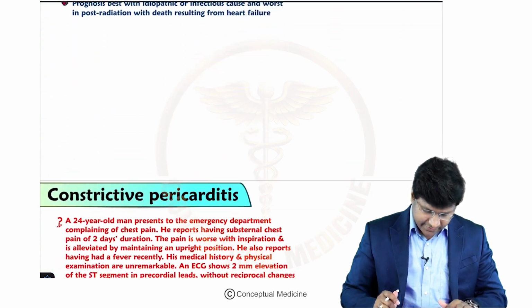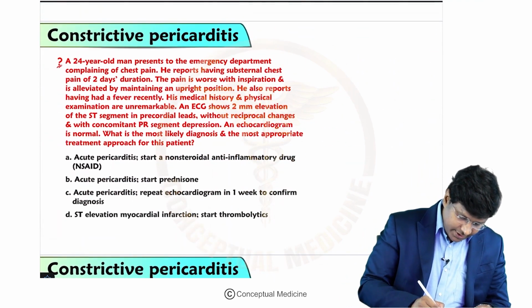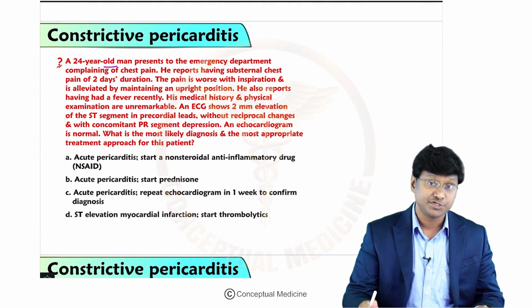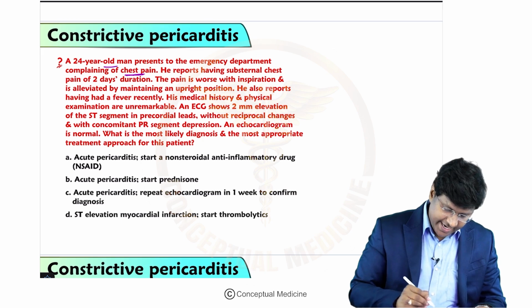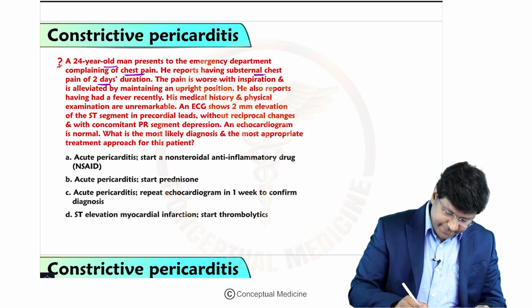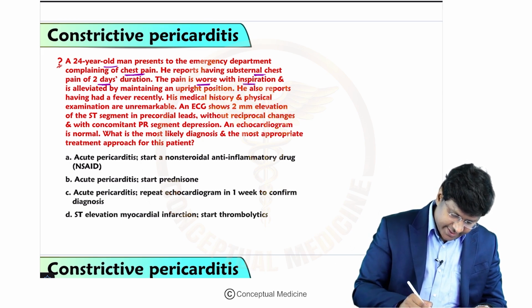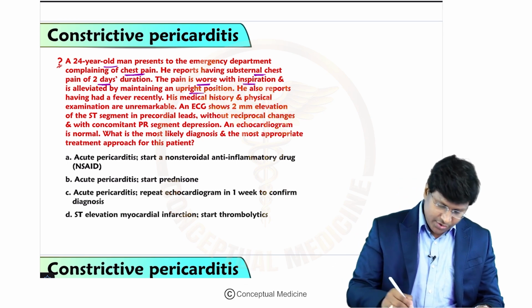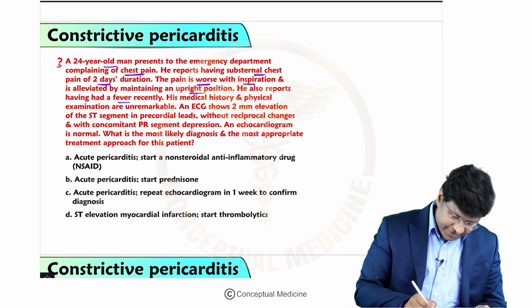So you see a clinical question. A 24-year-old man presents to the emergency department complaining of chest pain, and he reports having substernal chest pain of 2 days duration. The pain is worse with inspiration and alleviated by maintaining an upright posture. He also reports having fever recently.